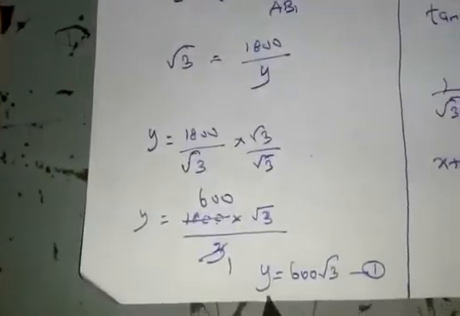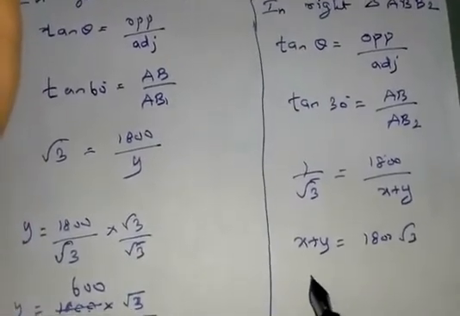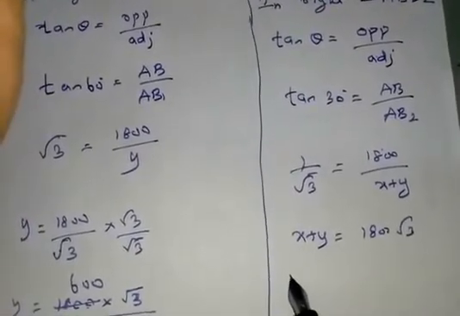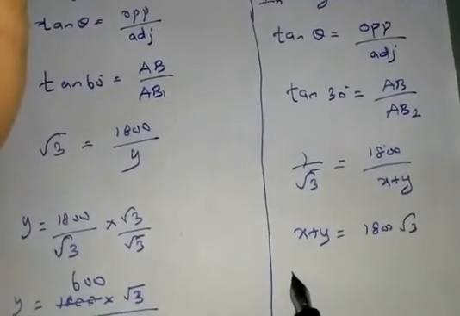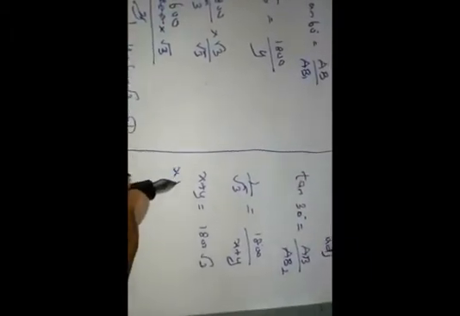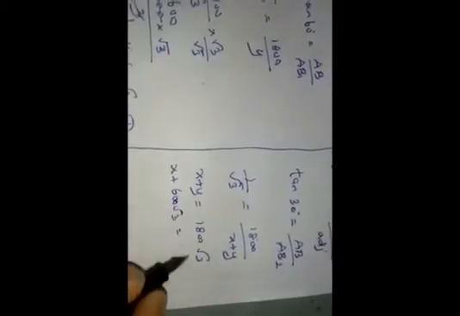Now look here, what is the y value? The y value is 600 root 3. Substitute the y value here. Therefore x plus 600 root 3 is equal to 1800 into root 3.